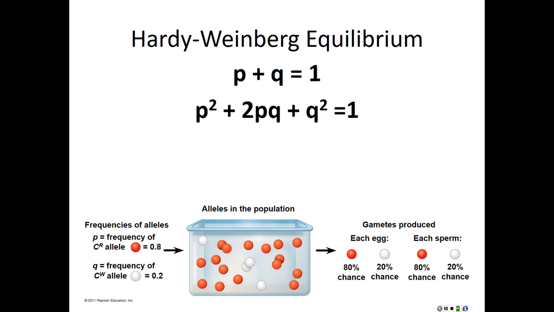Number 1, no mutation. Number 2, no natural selection. 3, extremely large population, like approaching infinity large, okay?